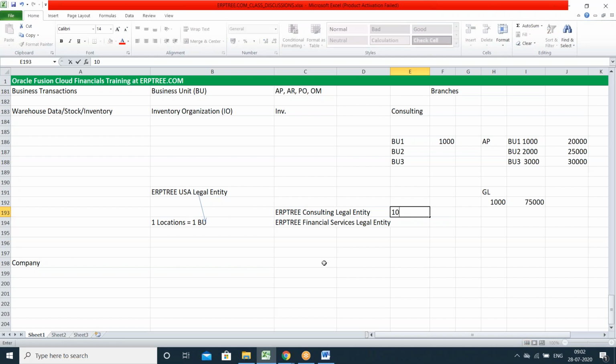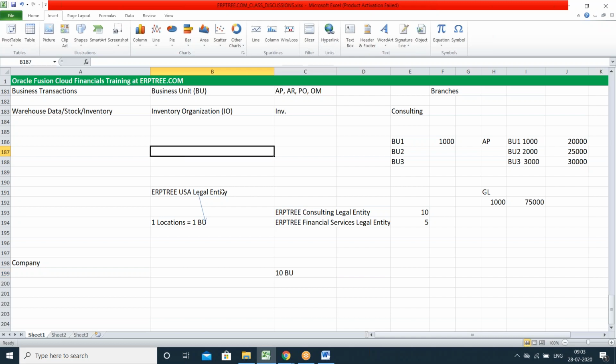Okay, 10. With the other legal entity, the other registration, in how many locations are you running the business? 5. Now we'll create 10 BUs, and the 10 BUs we will link with the first legal entity, the consulting legal entity. How do you do that? That will be done in the system. Here we cannot do it.